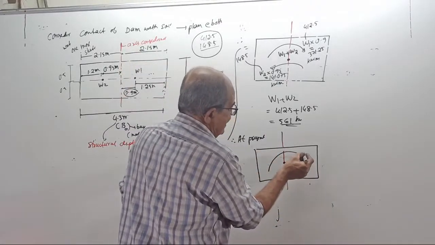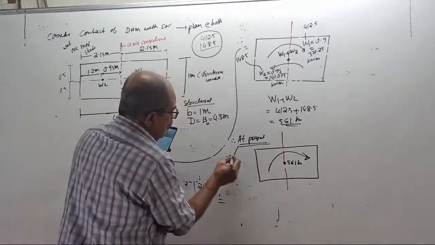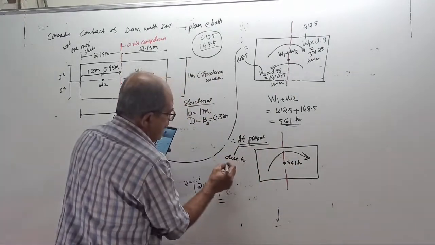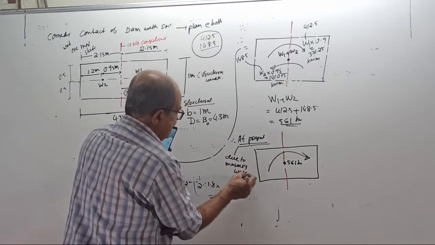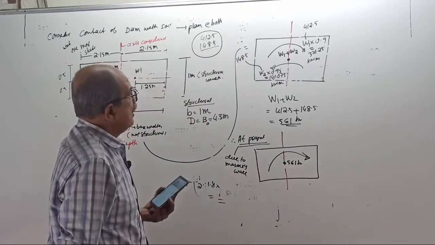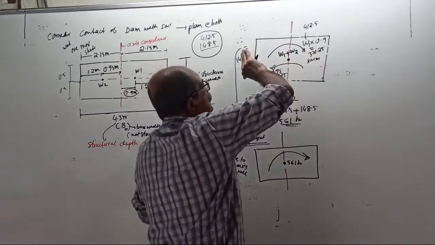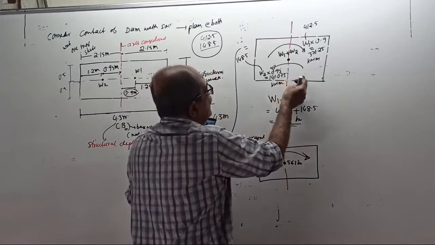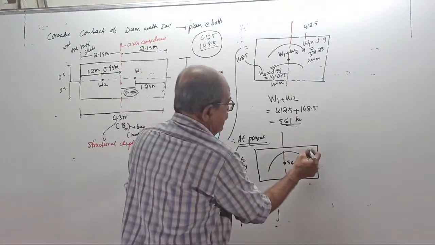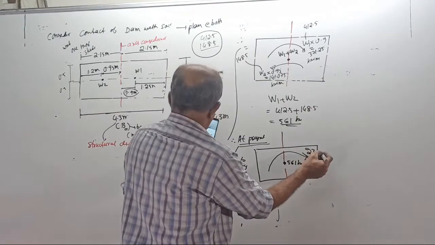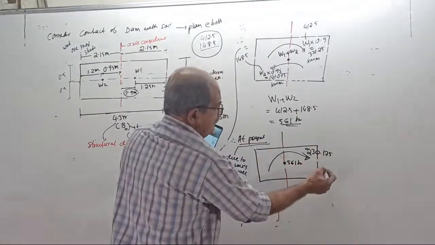At present, how much? This is due to what? Due to the masonry wall. 561. 371.25 this way, 141.075 this way, 230.175 this way. Over.